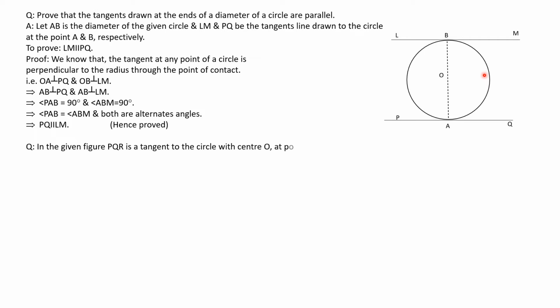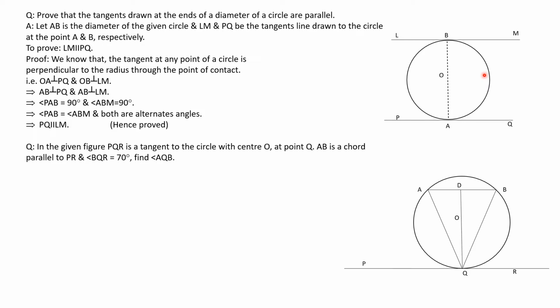In the given figure, PQR is a tangent to the circle with center O at point Q. AB is a chord parallel to PR and angle BQR equals 70 degrees. Find angle AQB. Let's draw the picture.